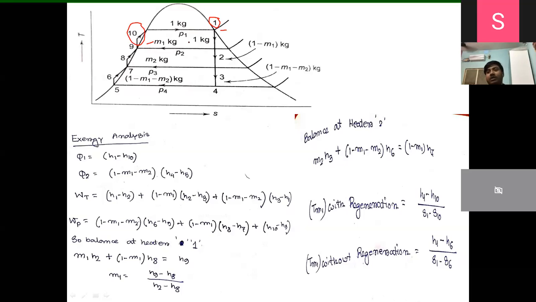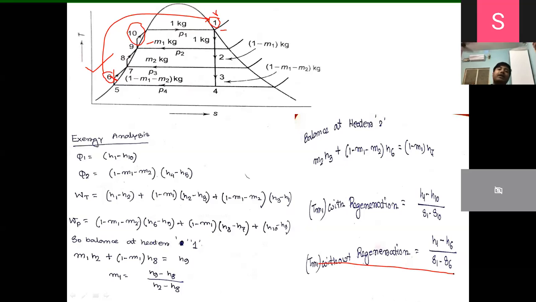And without regeneration, the heat addition will start from here. It means this is the boiler input without regeneration, and it will reach 1. Okay, so without regeneration the mean effective temperature of heat addition will be H1 minus H6 by S1 minus S6.